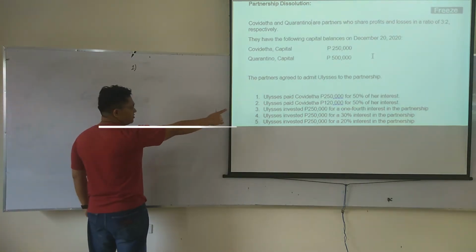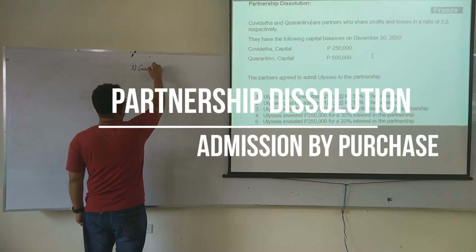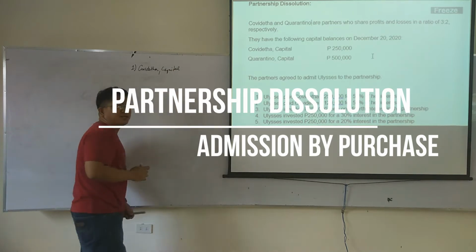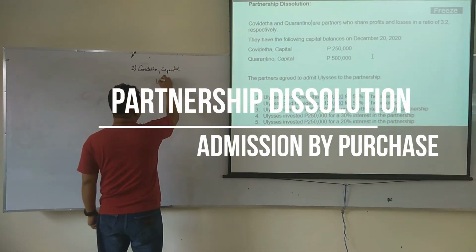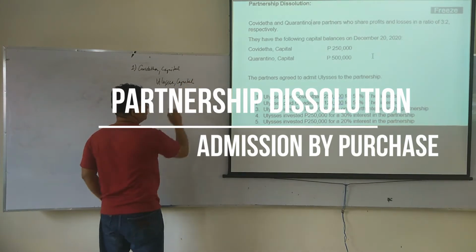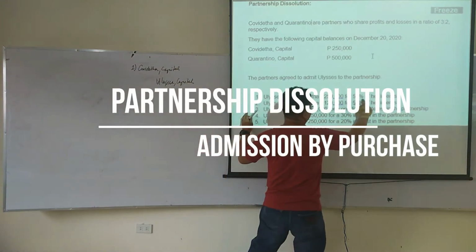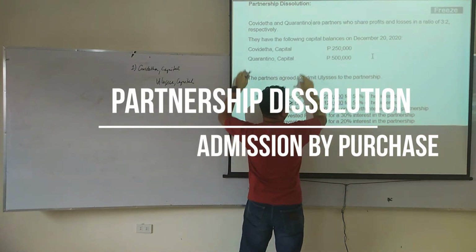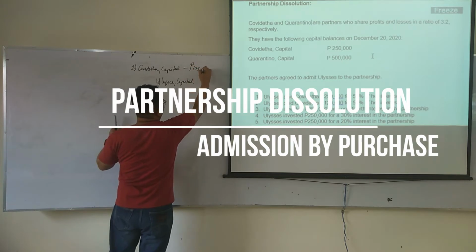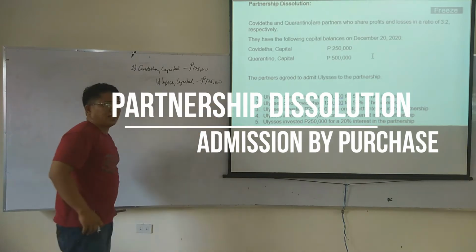So Cobilita capital will give up 50% of its capital, and we will admit Ulysses capital for 50% of her interest. So Cobilita's capital is 250. So Cobilita will give up 125 and we will transfer that to Ulysses capital.